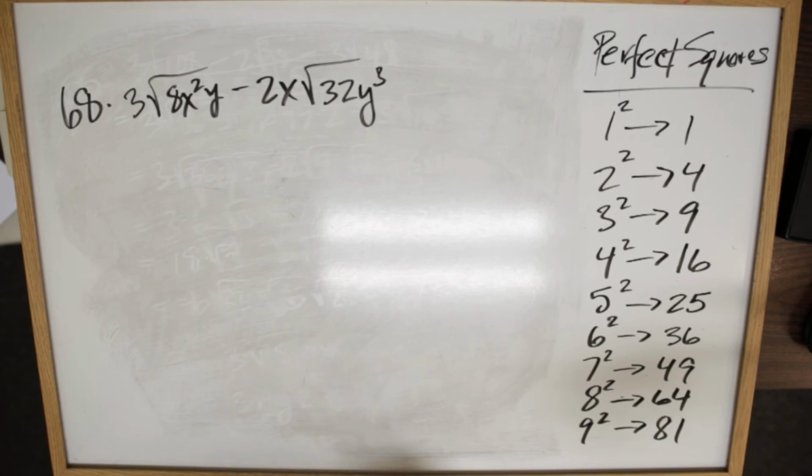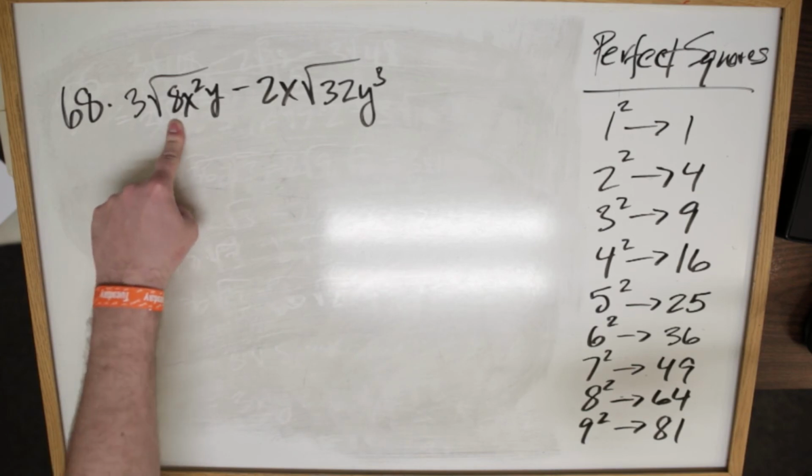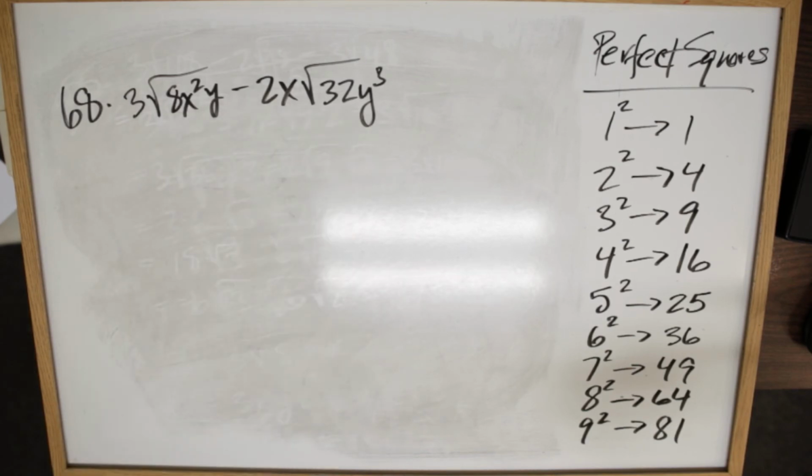All right, so what we're going to do here is pretty much the same thing we did for the last problems. Break everything apart. Really what we're trying to do is look at these numerical values that are sitting out in front inside those radicands.